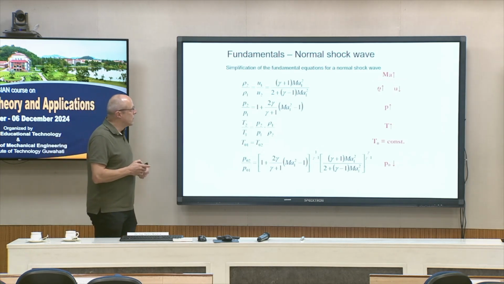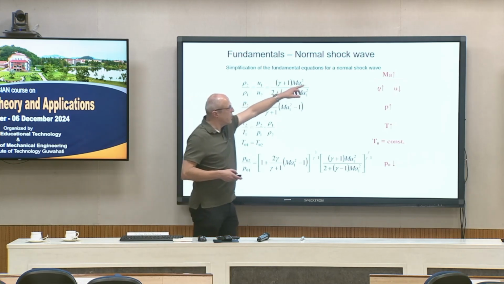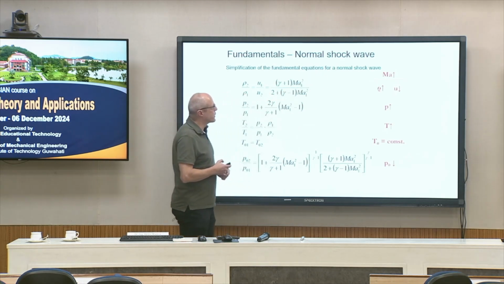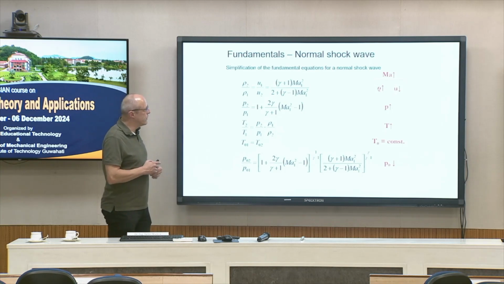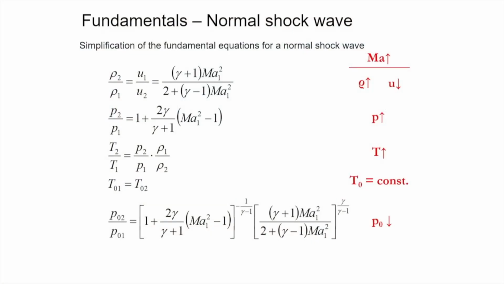And if we increase, for example, the Mach number of our shock, we can increase the density, the pressure, and the temperature behind the shock.